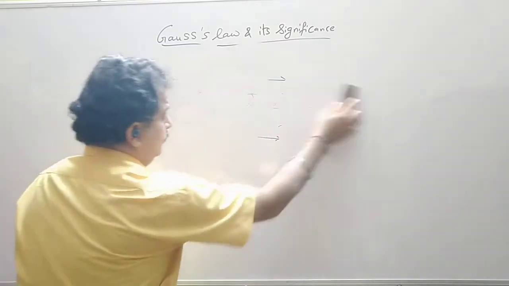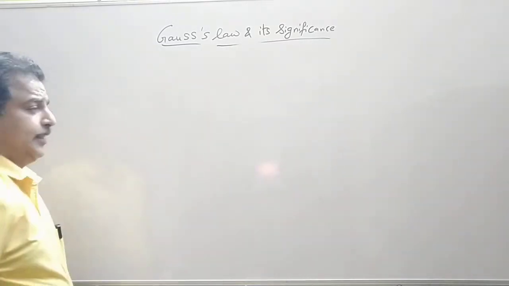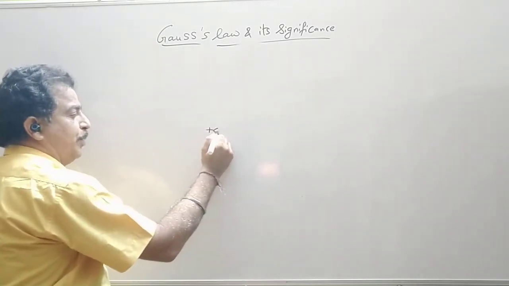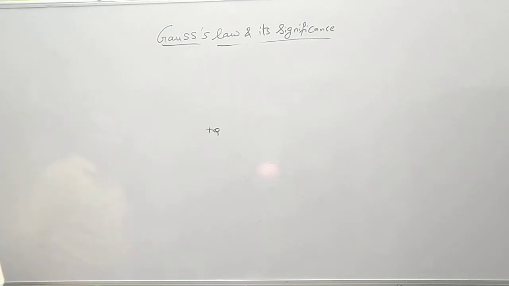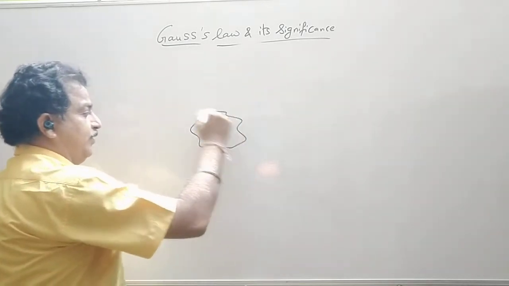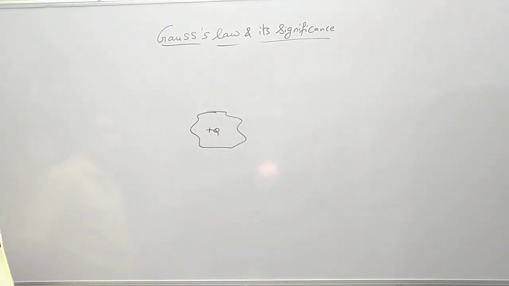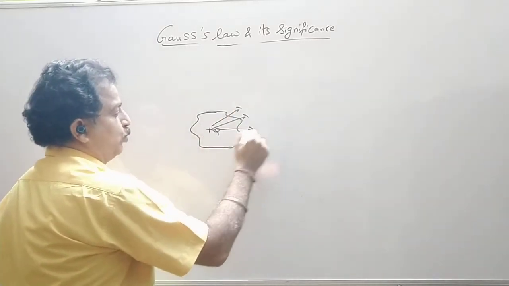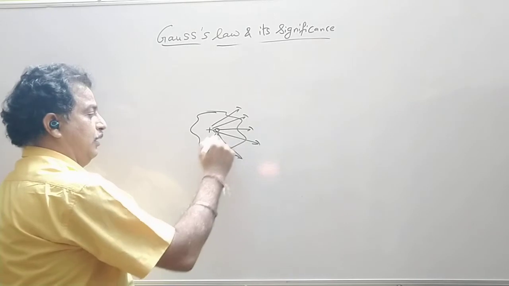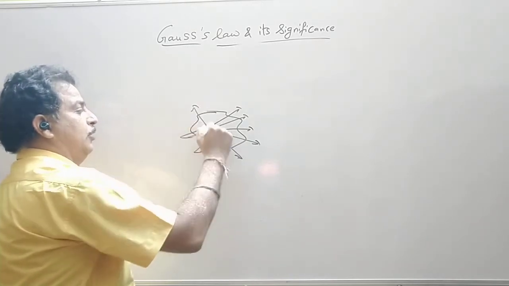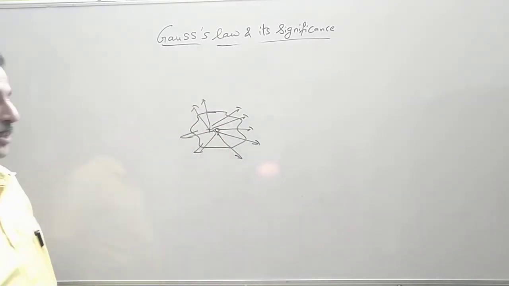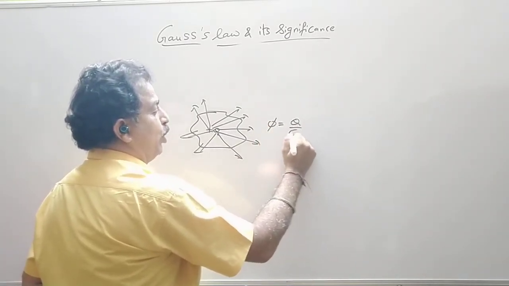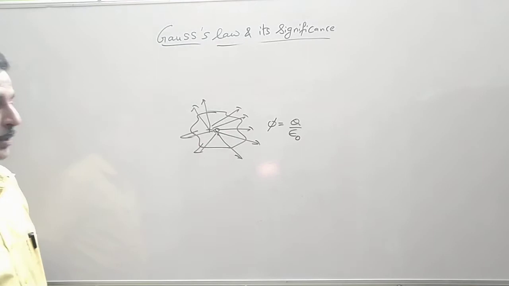Now let us see, we have a point charge plus Q. Now if I take any closed surface, then the electric field lines will emerge radially outward. So if I ask what is the flux linked with this closed surface, directly phi is equal to Q upon epsilon naught.